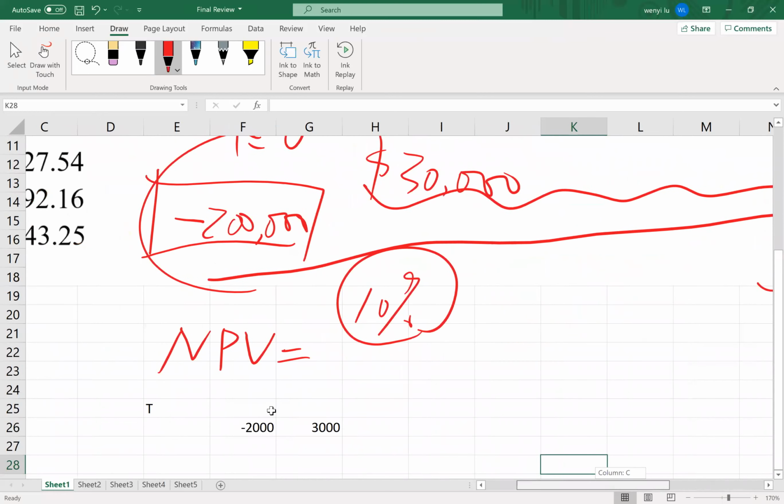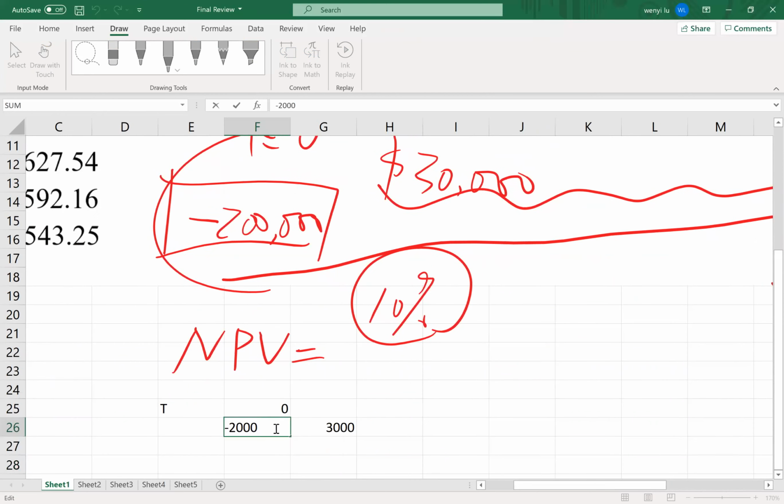This is our time zero cost, that's minus 200,000, and from time 1 to time 7, that is 30,000. So let's do 1, 2, 3, 4, up to 7.